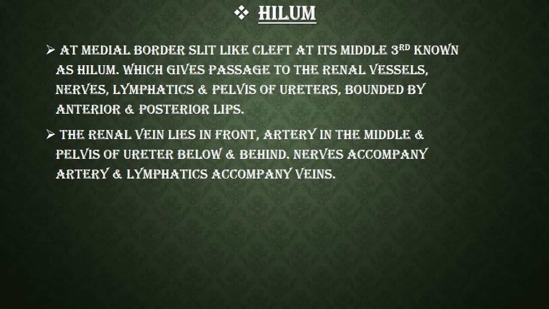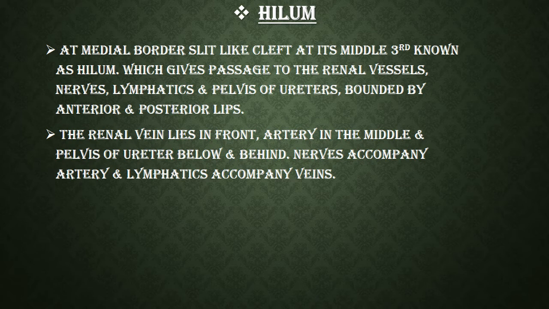The hilum on the right side lies just below the transpyloric plane. The transpyloric plane is an imaginary line which passes through the pylorus of the stomach, which is opposite the first lumbar vertebra, and on the left side the hilum is just above it.